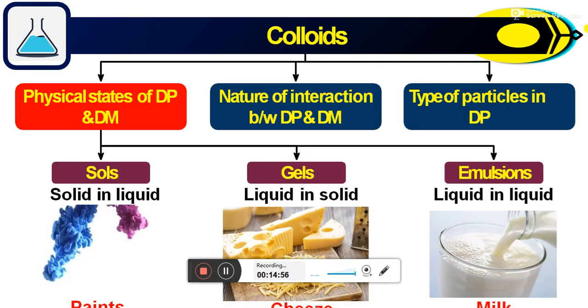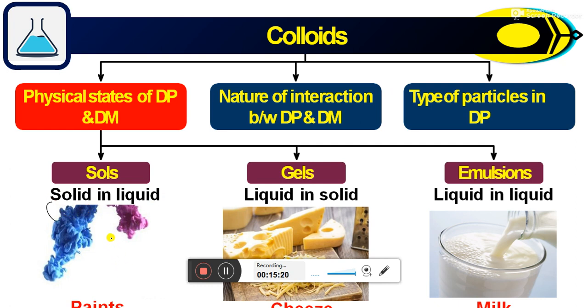Colloids are classified based on their physical state, based on the nature of interaction between the dispersion phase and dispersion medium, and based on the type of dispersion particles. Consider paint: it is made up of a liquid, and some colored solid dissolves in the liquid only.